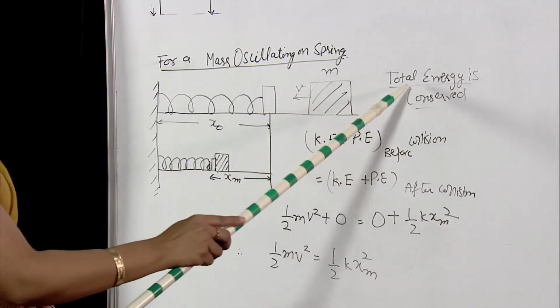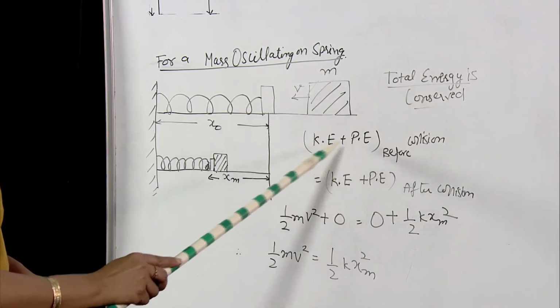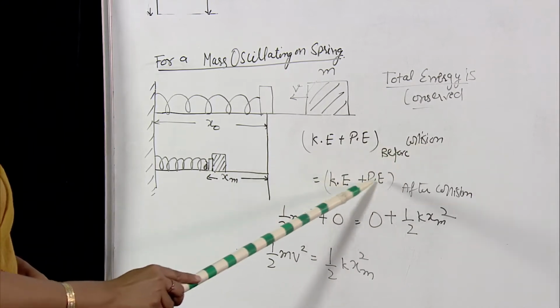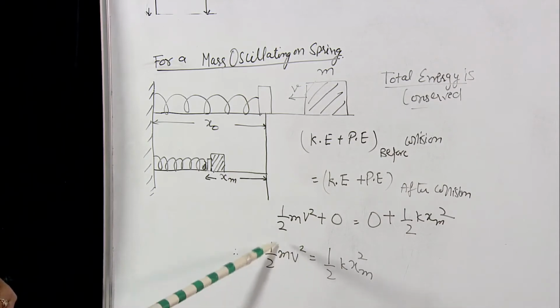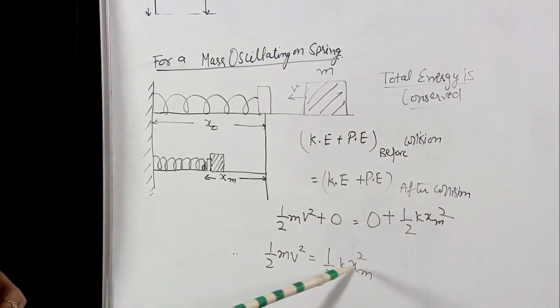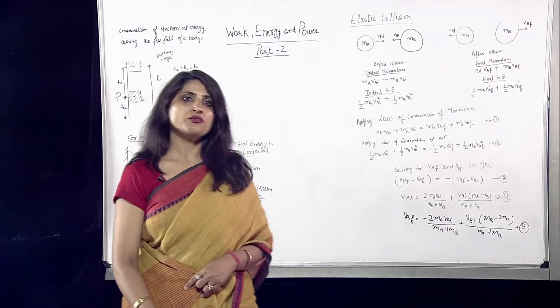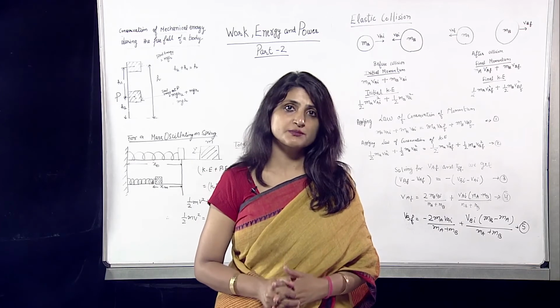So, according to the law that total energy is conserved, kinetic energy plus potential energy before collision is equal to kinetic energy plus potential energy after collision, and the net result is half mv square equal to half kxm square. So, this is another example of conservation of mechanical energy for a mass oscillating on a spring.